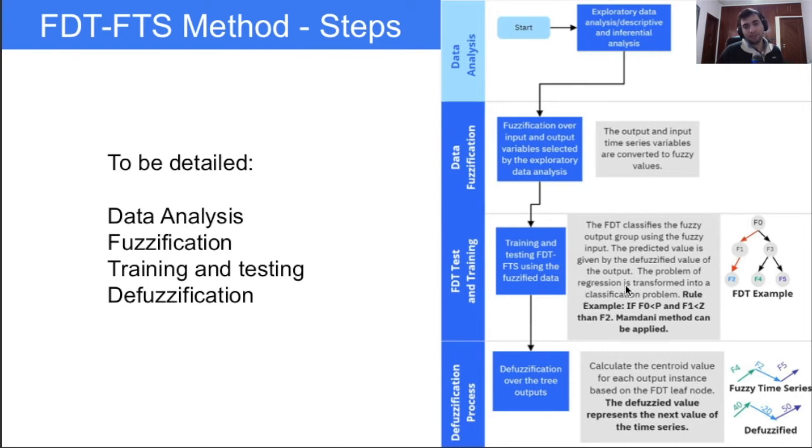In this case, the Mamdani method for the defuzzification will be applied. And the defuzzification is done by calculating the centroid, and in this case, we have an FTS transformed into a numerical series. All these steps will be demonstrated on the next slides using the series of future contracts as a case study.